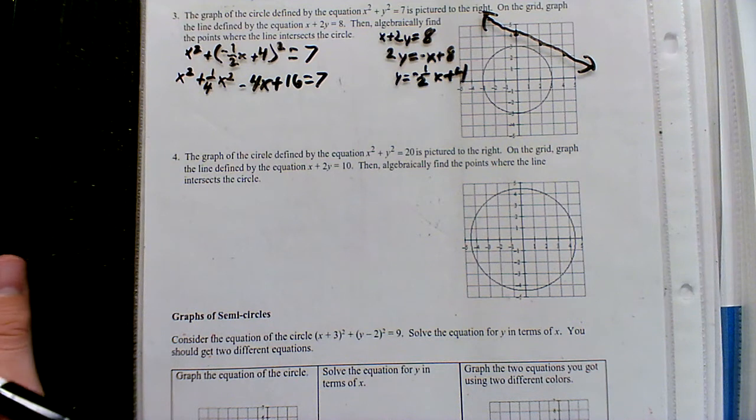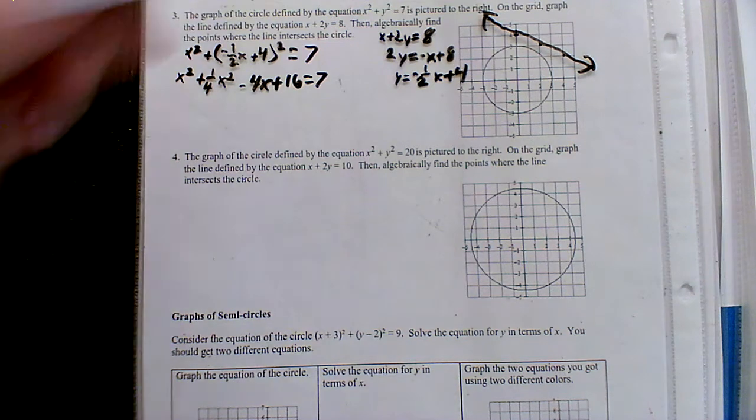Again, in this problem you get a fraction. How can you get rid of the fraction so we have all whole numbers? Multiply by 4, yes.